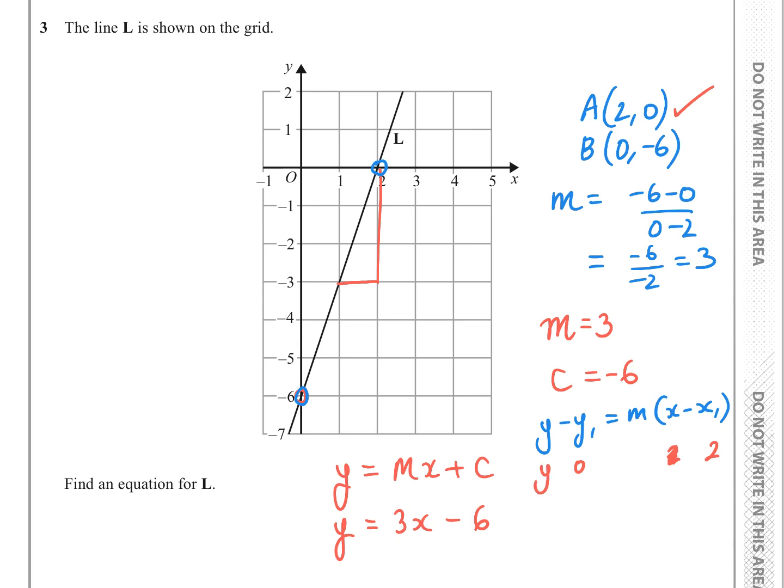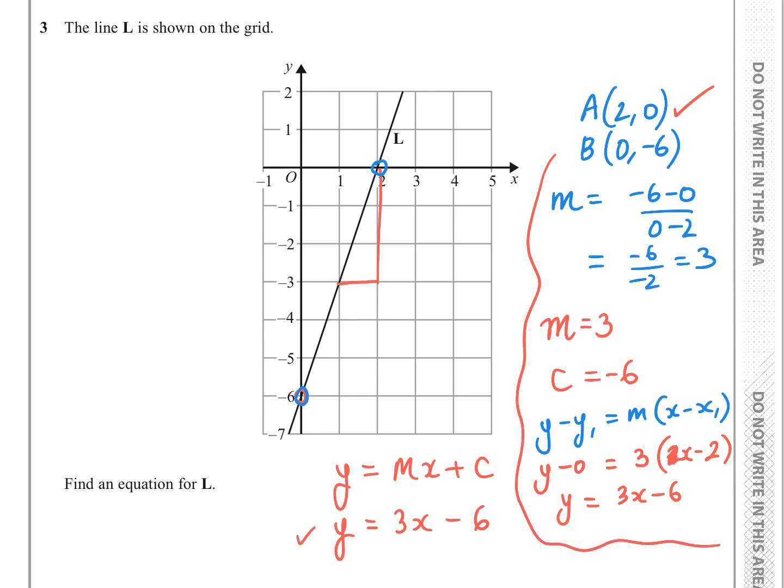And basically you'd end up with y equals 3x minus 6. So I think as you get beyond GCSE and A-level, you're using more of this kind of approach here, whereas just looking at this grid, the simple way just seems to be to do this.